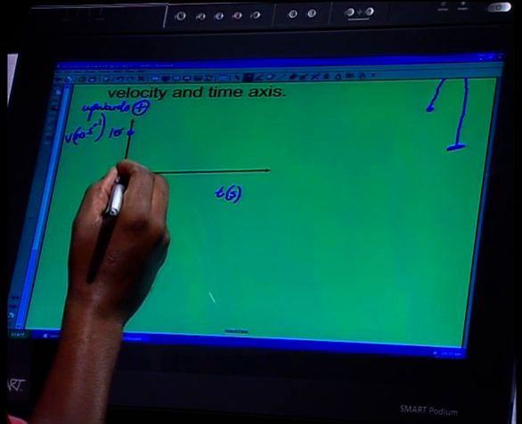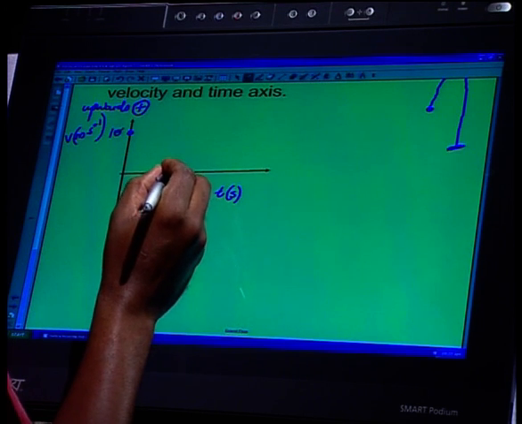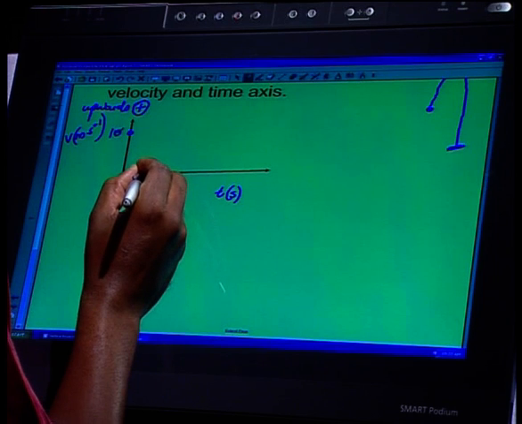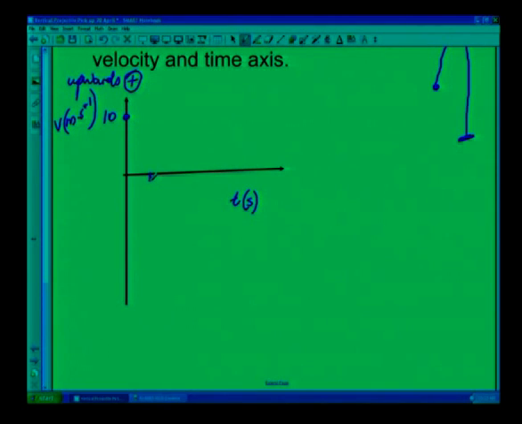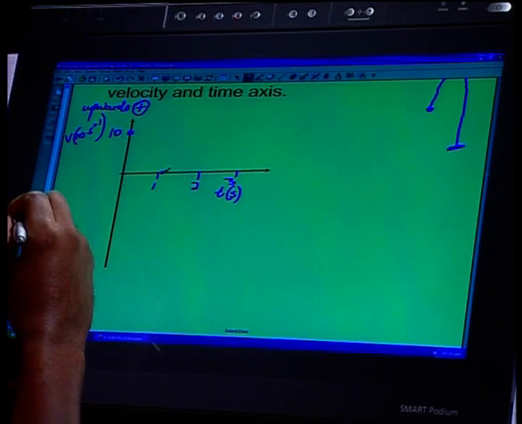I have also calculated that after 1,02 seconds, so if this is 1, that is, let me do it this way. If this is 1, that is 2, and that is 3. Okay? At 1,02, somewhere very close to where 1 is, that is where the ball is making its turn right up at the maximum height reached.